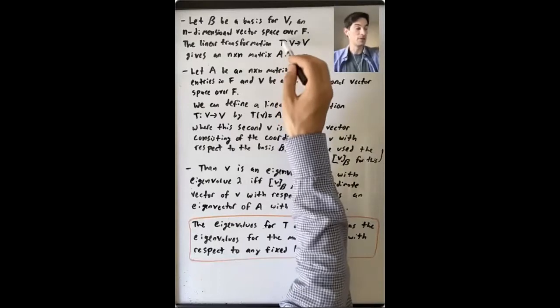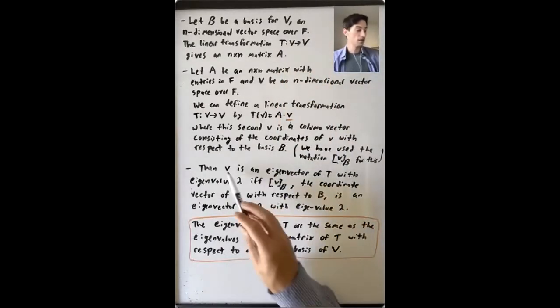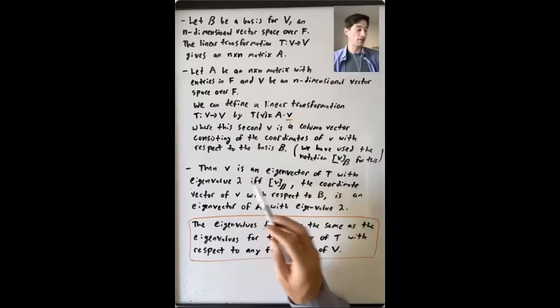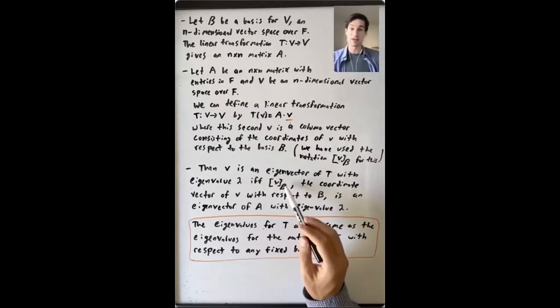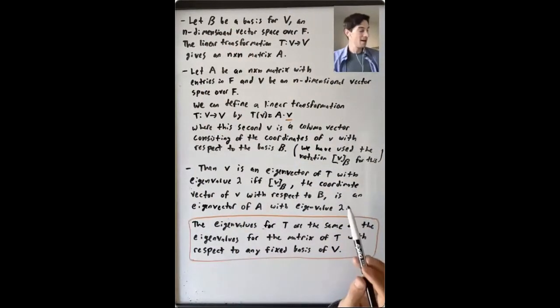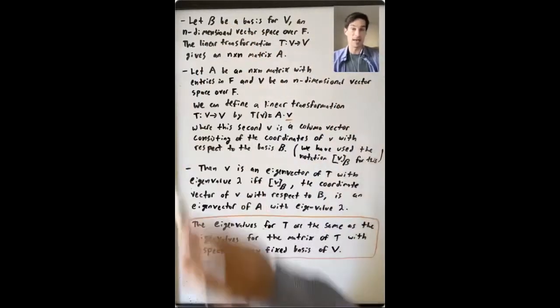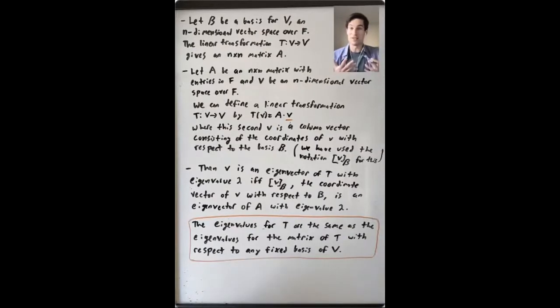Meaning you start with this linear transformation, you get this matrix A. Little v is an eigenvector of T with eigenvalue lambda if and only if this particular vector that depends on a choice of basis is an eigenvector of A with eigenvalue lambda, where remember A also depends on this same basis. So I'll leave it to you to really check that this is true.